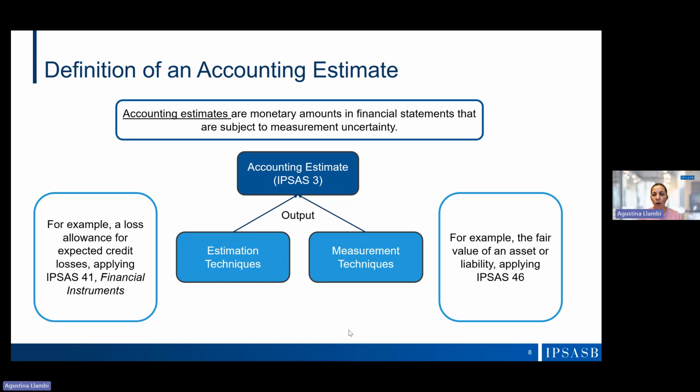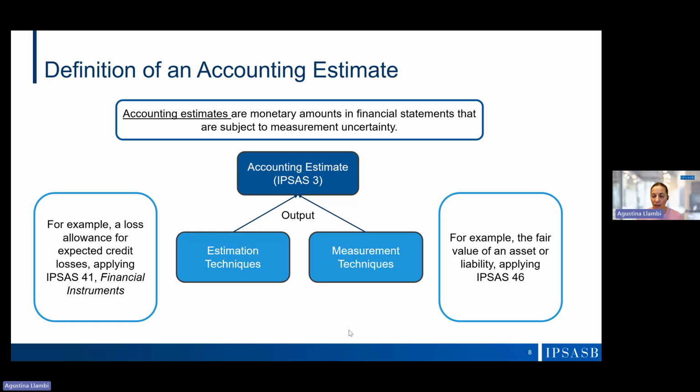So what the IPSASB on part 3 of ED 90 did is propose to add the definition of accounting estimates, which are monetary amounts in financial statements that are subject to measurement uncertainty, right? And then we say that accounting estimates can be outputs of an estimation technique, such as the loss allowance for expected credit losses in IPSAS 41, right?